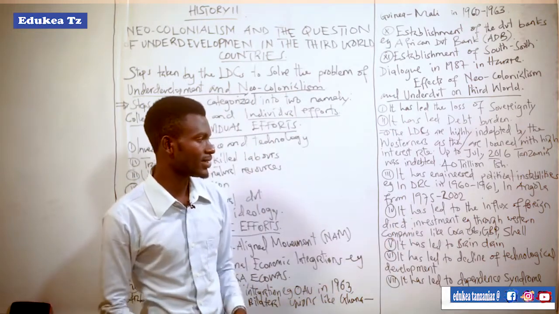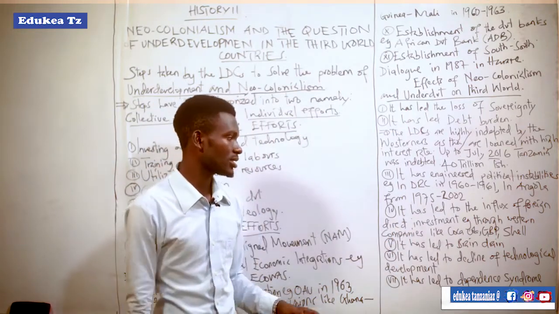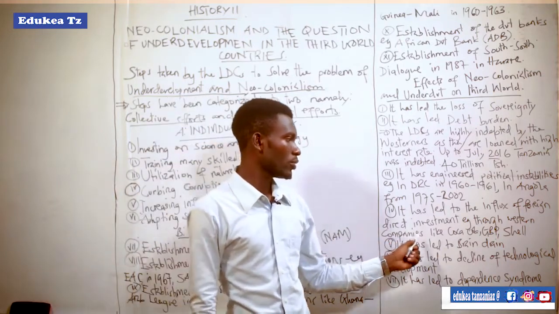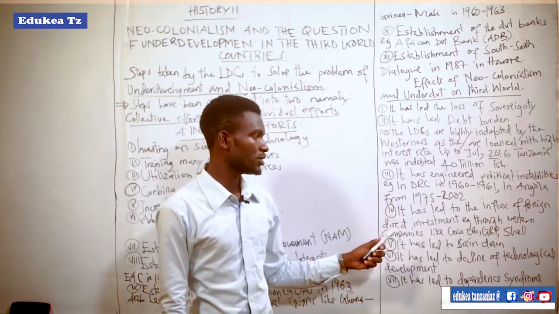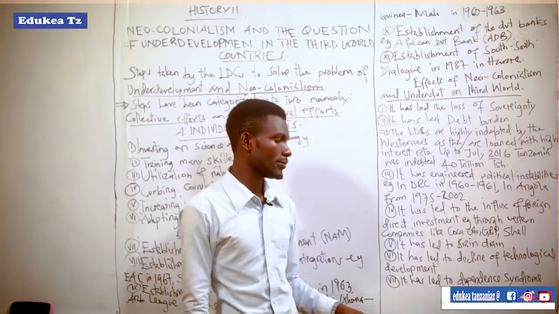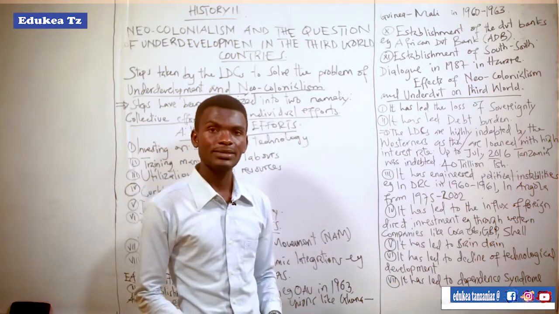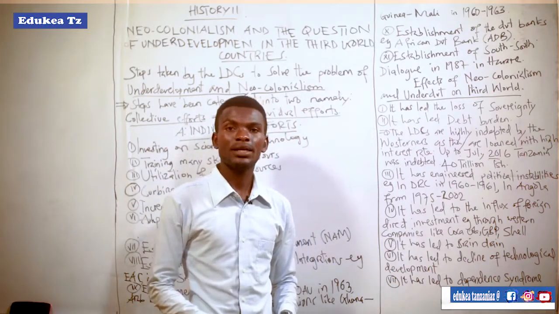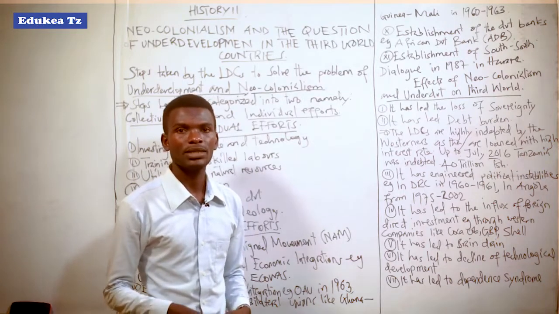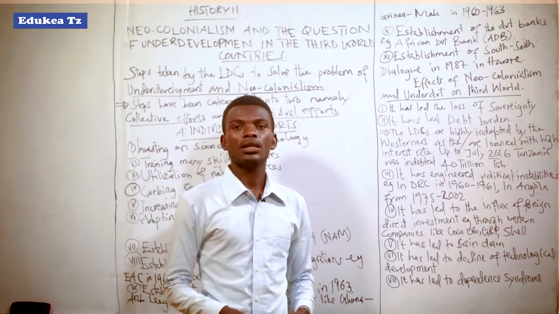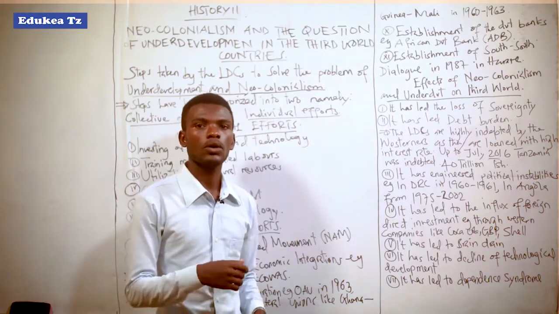decided to invest in third world countries through various companies, like soft drink companies like Coca-Cola. The Coca-Cola company is an imperialistic company which operates in almost all less developed countries all over the world.